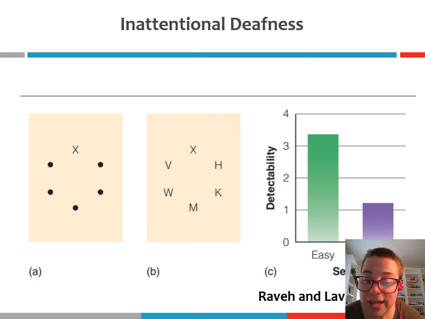If our attention is focused on completing an especially difficult task, then we have less processing power available to simultaneously detect unexpected events. Whereas if we're completing a fairly easy task that doesn't require a lot of cognitive resources, then we're going to have more processing power available to detect other events in our environment, whether they're auditory events or visual events.